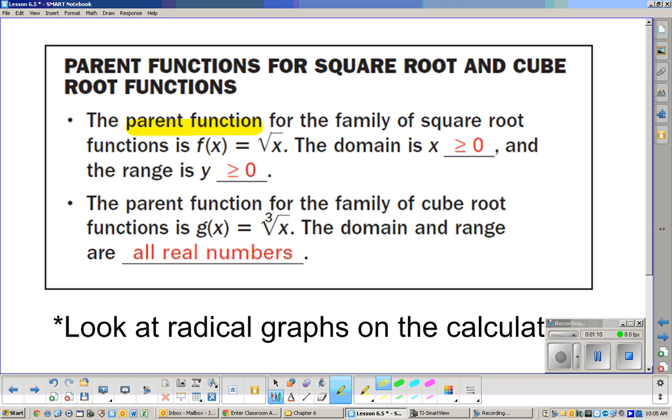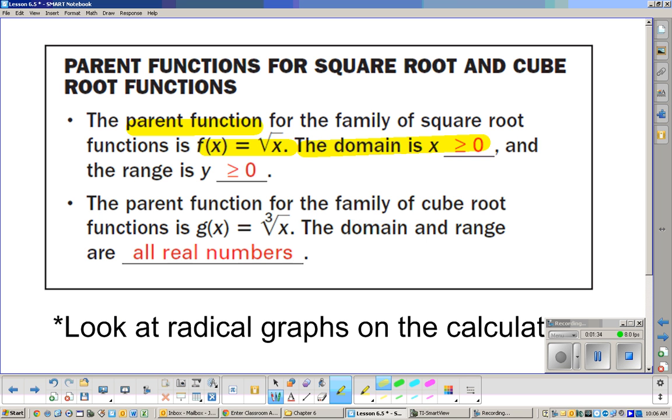So if we're going to try and graph the function y equals the square root of x, the parent function is always going to look the same. We're going to take a look at that in just a second on your calculators. But we've also been talking about domain and range this chapter. So they're going to remind you that the domain of a square root is always x is greater than or equal to 0.